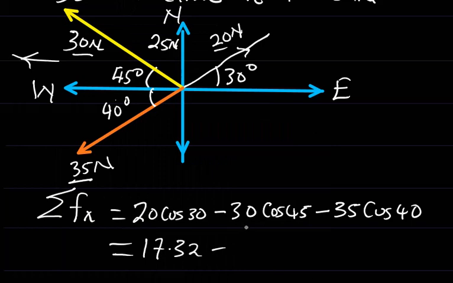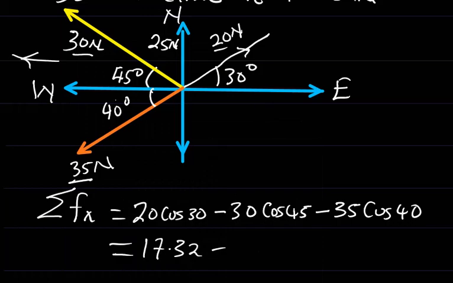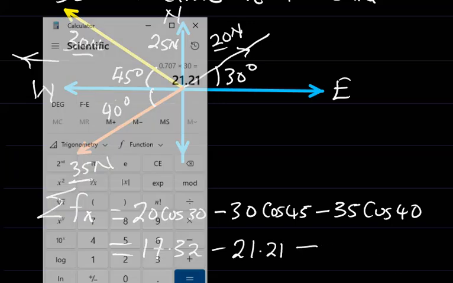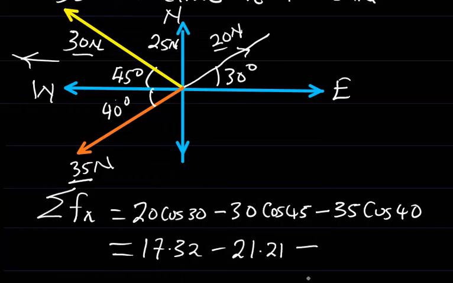Minus 0.707 times 30, that is 21.21. Cos 40 multiplied by 35 is 26.81.